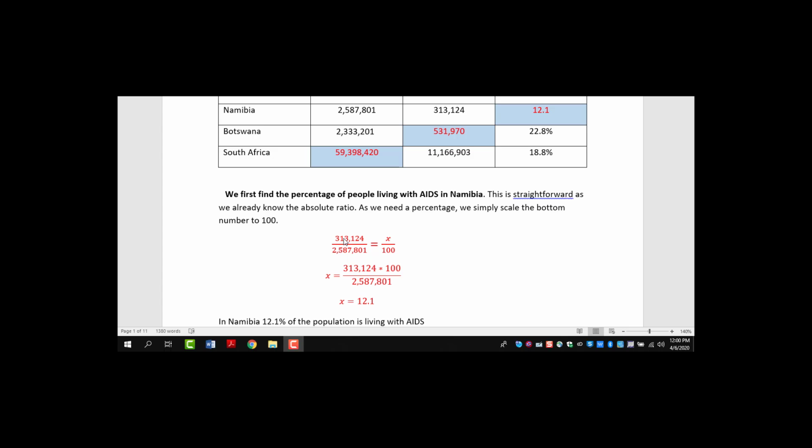What was your percent correct? It's the same question. Now notice this is people living with AIDS, total people. X is people living with AIDS out of 100 total people. AIDS people, AIDS people. Cross multiply and divide, you get 12.1, and that's how that came up there.